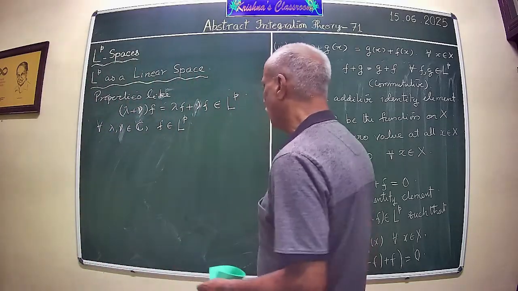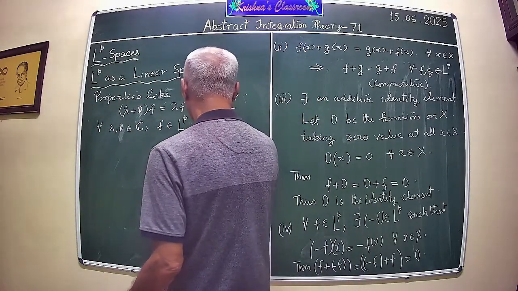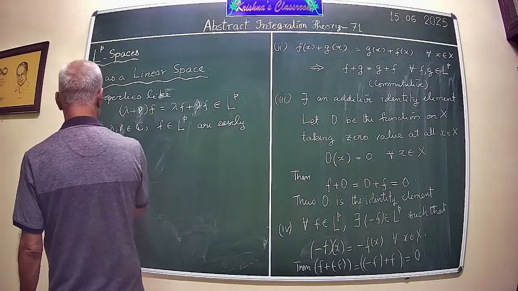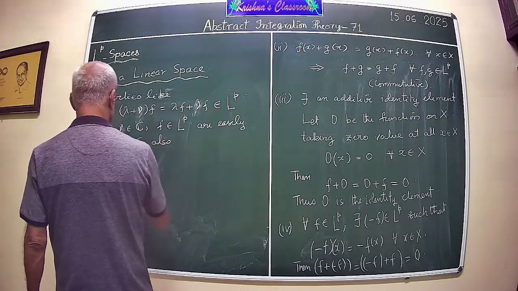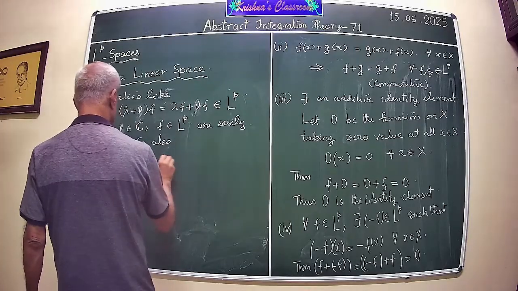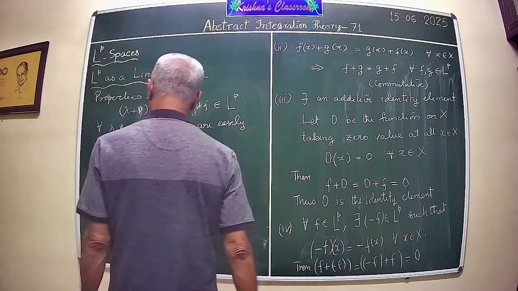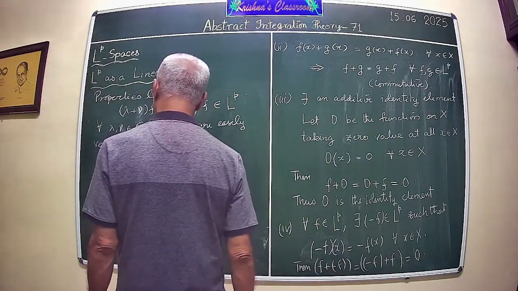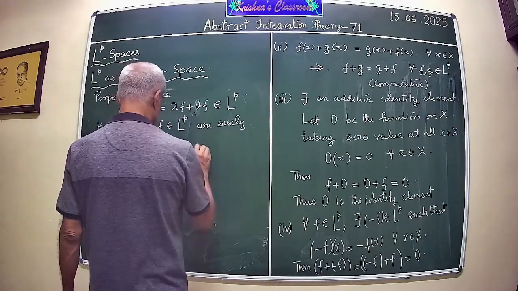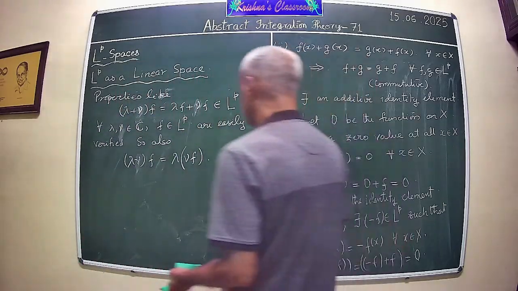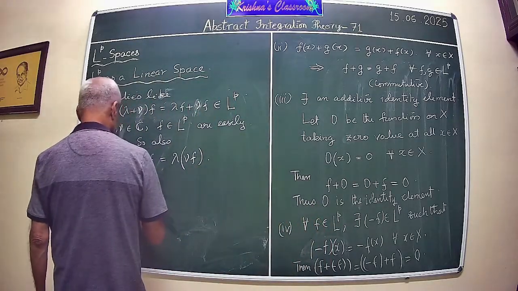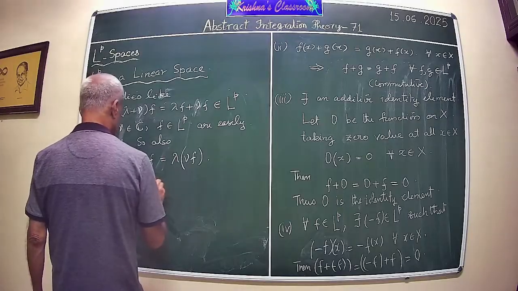This is easily verified. So also lambda (mu f) equals (lambda mu) f, and you have 0 times f equal to 0.